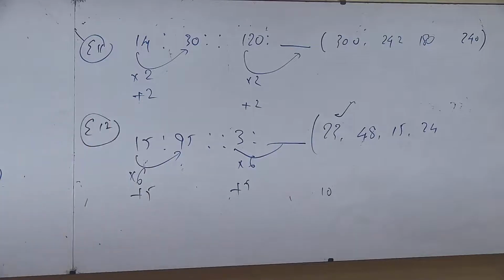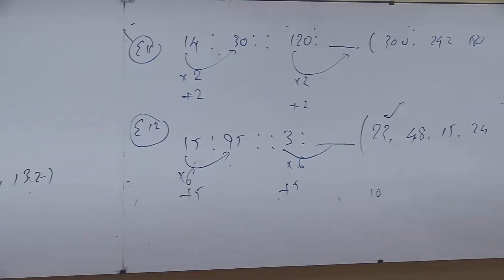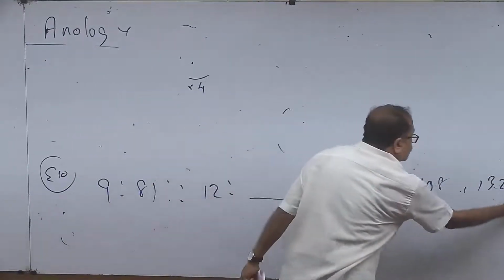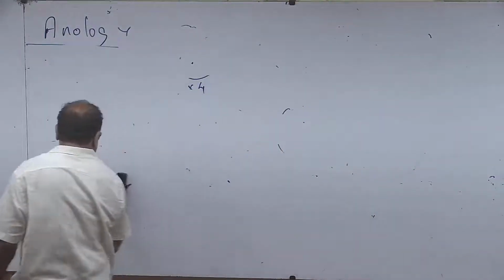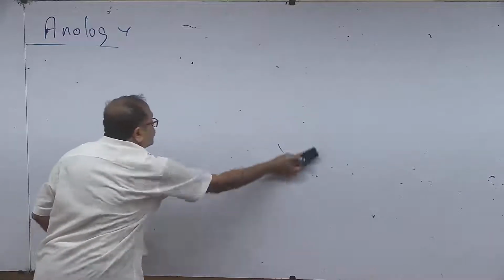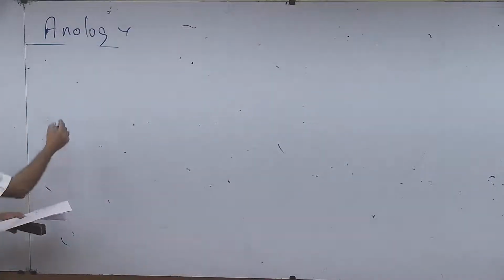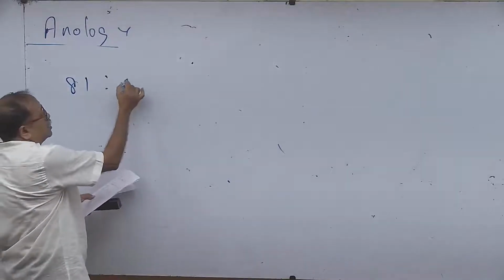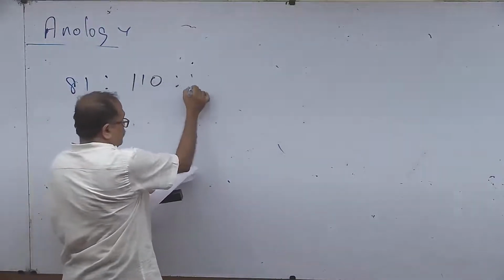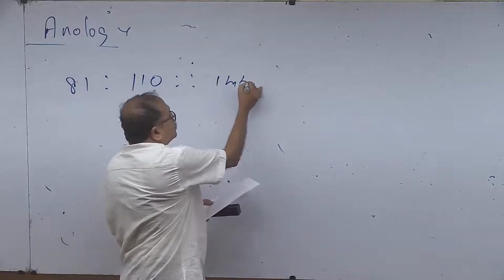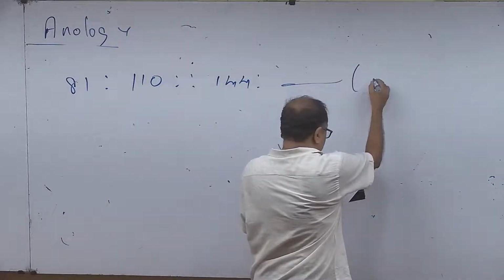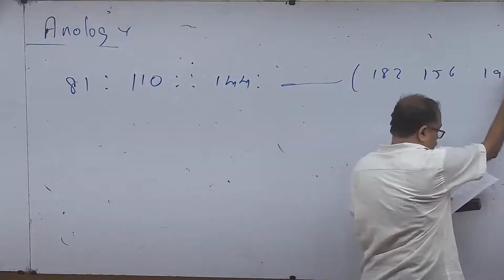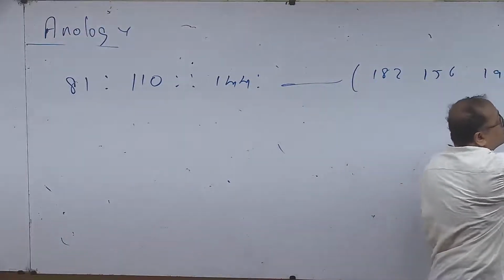Why not to check this one? That is 81 is written as 110, then 144 and dash, 182, 156, 198, 182.